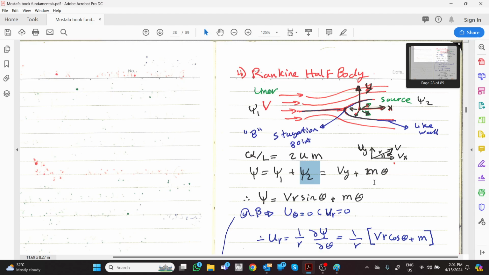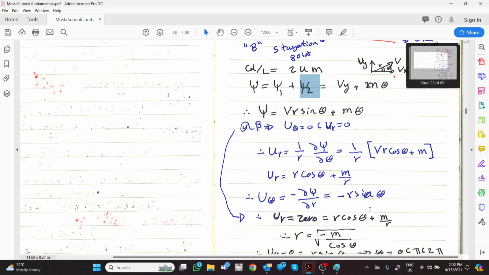Which one are you going to do? Of course, make it r sine theta, otherwise you will have y and tan inverse y over x. So try when you are making a derivative or integration, it will be a nightmare. So this is just logical thinking, okay?